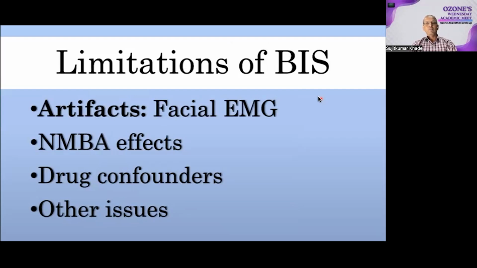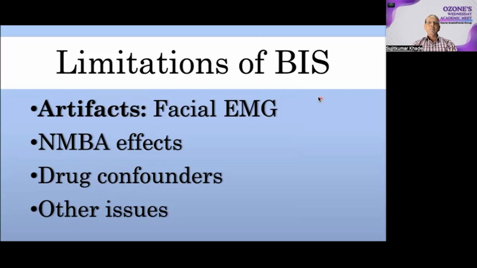There are drug confounders, like ketamine, which induces a unique EEG pattern. There are high frequency desynchronized waves, often elevating BIS despite deep dissociative anesthesia. Similarly, nitrous oxide can suppress the delta waves and paradoxically raise BIS.